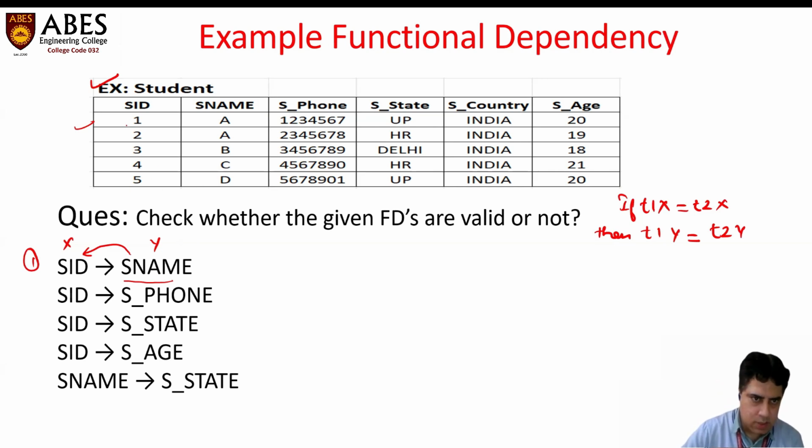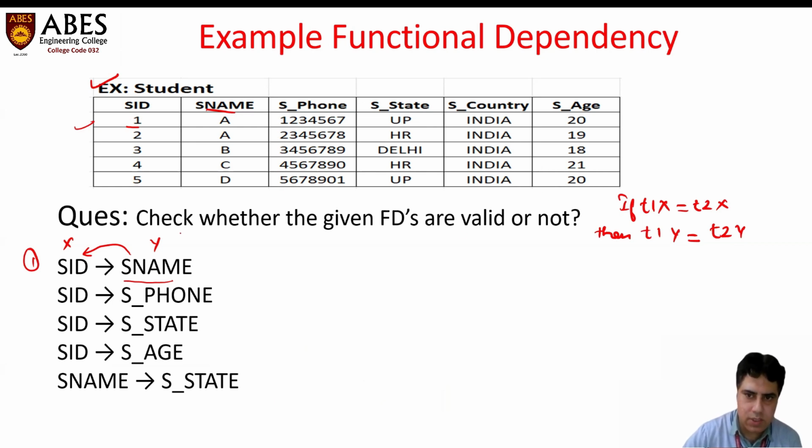Now check. Here student ID 1 determines student name. Roll number 1, student ID 1, and there is no other entry for this student ID 1. The same case is with student ID 2, student ID 3, student ID 4 and student ID 5.